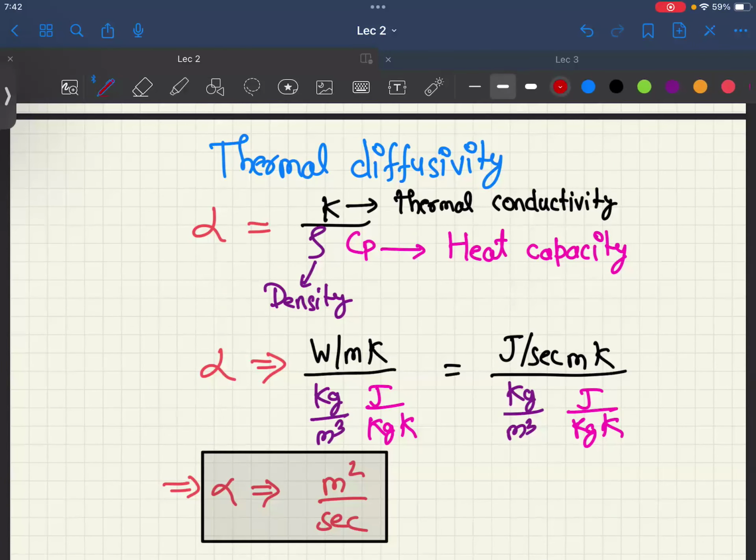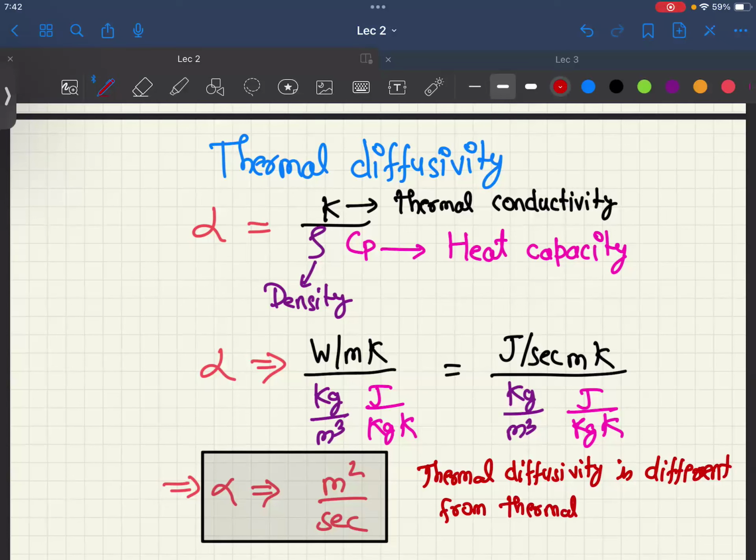This point has to be remembered: thermal diffusivity is different from thermal conductivity. So the formula for thermal diffusivity is k by rho cp, right? Where k is thermal conductivity, rho is density, and cp is the heat capacity.